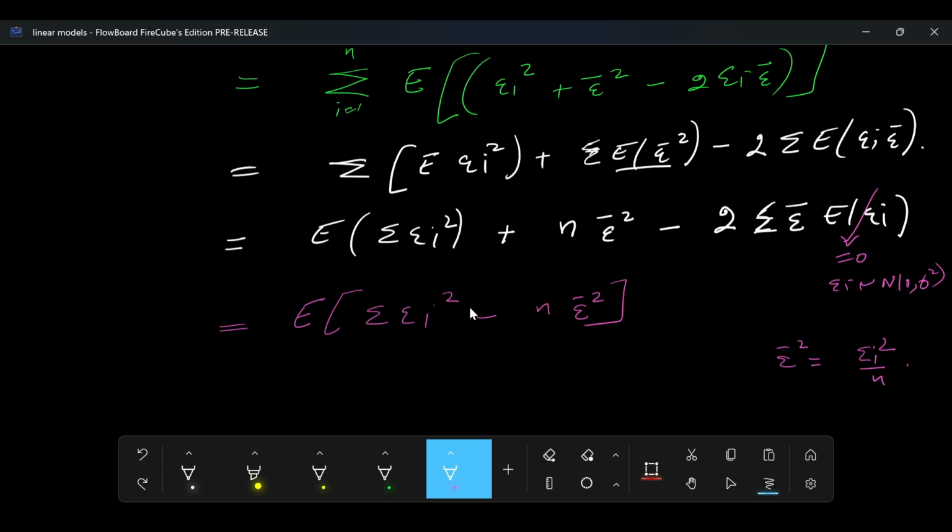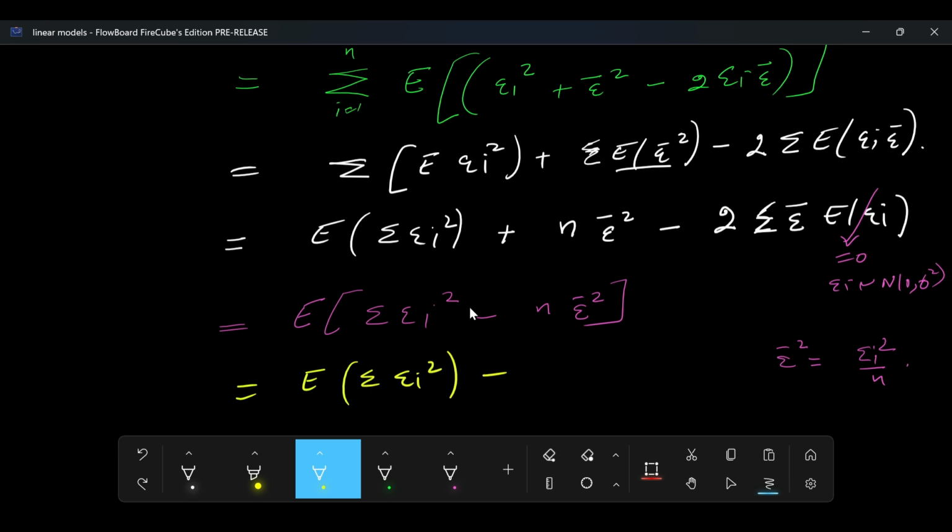So this is equal to expectation of summation ei square minus, as n times this, summation ei square upon n.